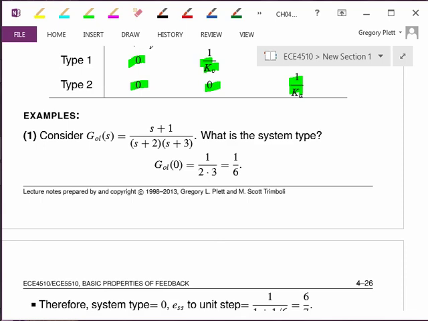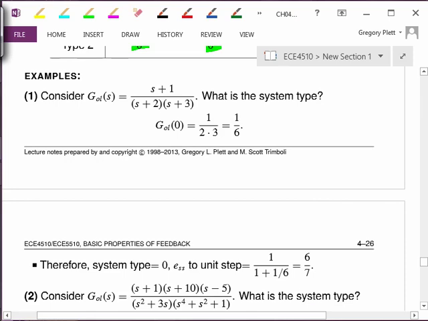My overall result is 1/6, which is neither 0 nor infinity. And so we're done. We have found Kp, and the system type is 0. And the steady state error to a unit step is 1 over 1 plus Kp, or 1 over 1 plus a sixth, which is 6/7 overall.